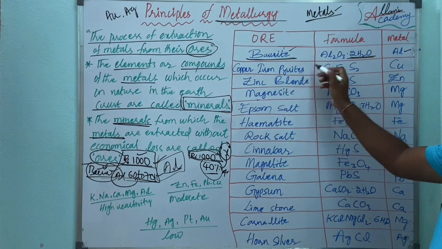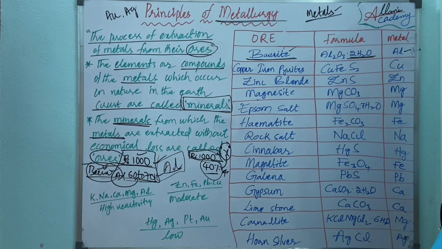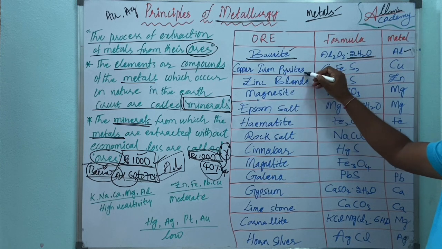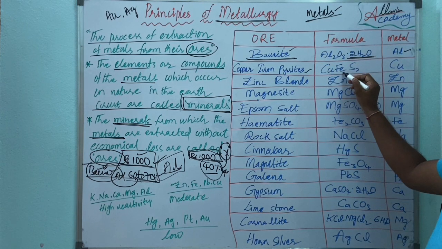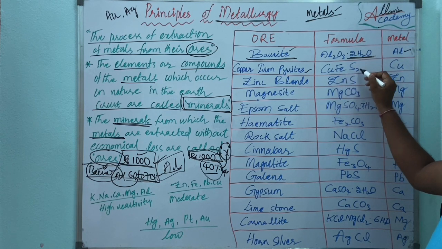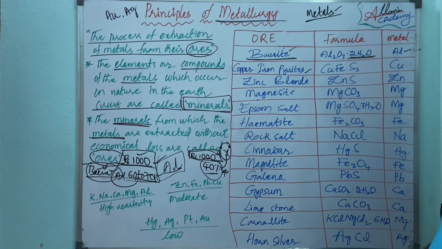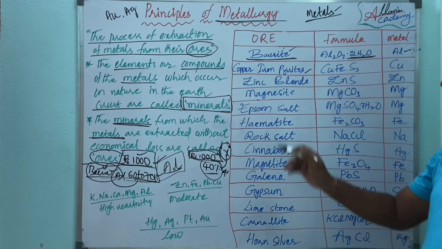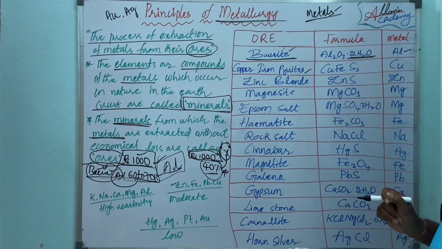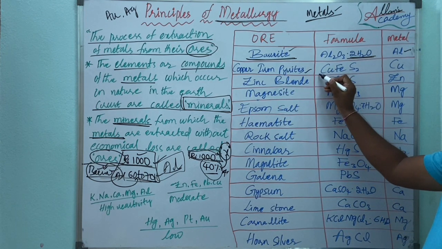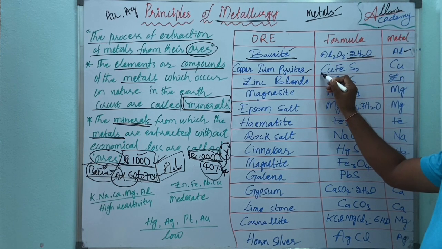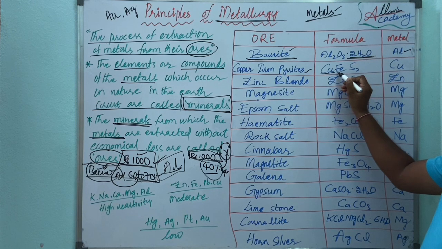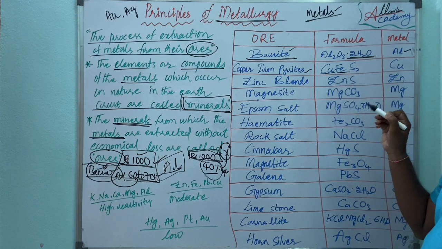Then copper iron pyrite, which is one more ore. Its formula is CuFeS2. This ore is a copper ore. From this we can collect the copper and we can collect the iron also, since Fe means iron.